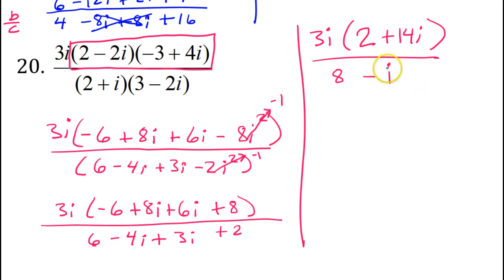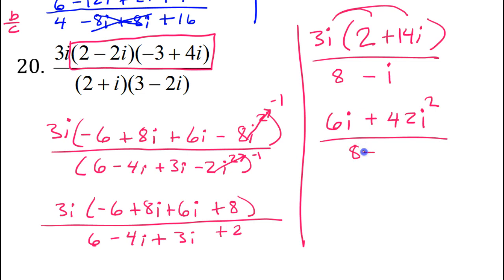So I've got this. All right, now I'm going to go ahead and distribute the 3i. So that's going to give me 6i plus, 3 times 14, that's 42. So I've got 42i squared over 8 minus i.